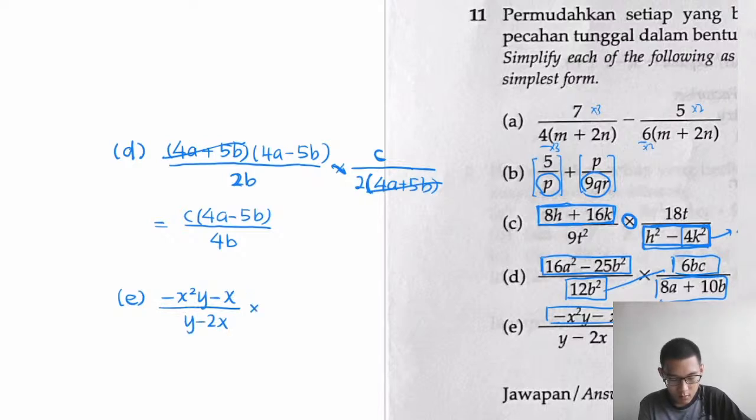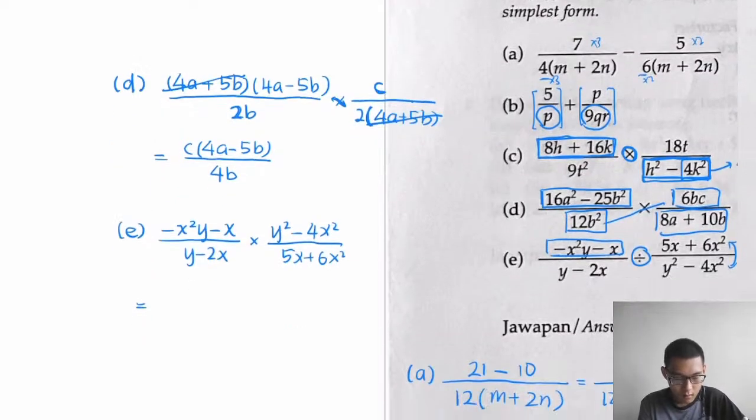So we times y squared minus 4x squared divided by 5x plus 6x squared. So there are many things we need to simplify. Firstly, this one, we have negative x as our common factor. So we have xy plus 1.